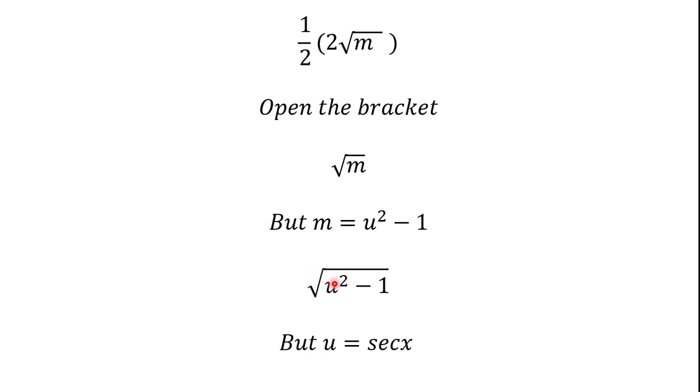So wherever you see this u squared, we are just going to put this one there. Secant squared x minus 1, square root of secant squared x minus 1. Now here, from the previous workings, we saw that tangent x was equal to square root of secant squared x minus 1.